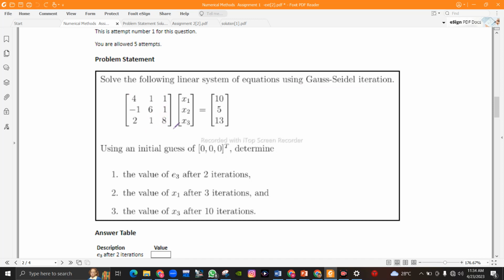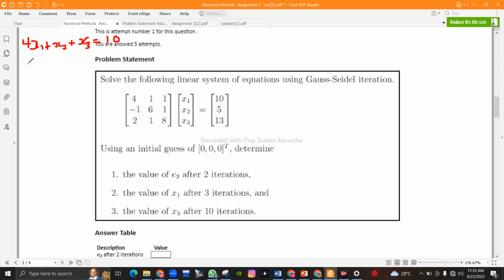So the next thing is to write our equations, which are 4x1 plus x2 plus x3 equals 10.